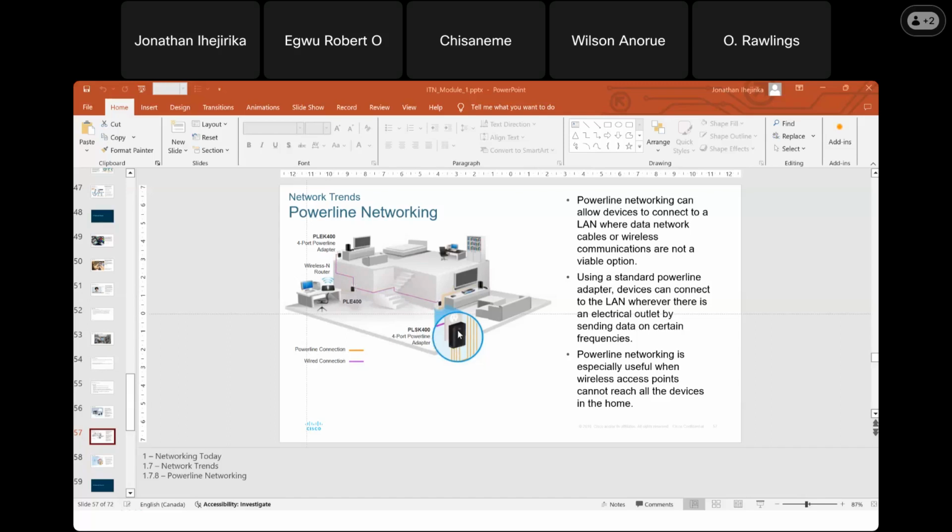So this adapter could be in one particular room, and the power line could take information from that place to another adapter, and it's spread across the rooms or offices, as the case may be, and your end devices would draw information from those adapters. So that is one use of the power line.